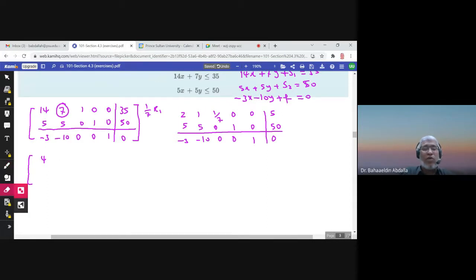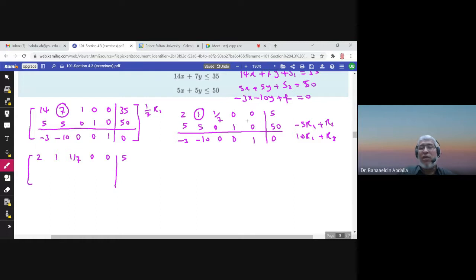We are not going to change row 1. We will use row 1 to change the other rows. So this is the pivot entry. So negative 5 R1 plus R2 and 10 R1 plus R3.